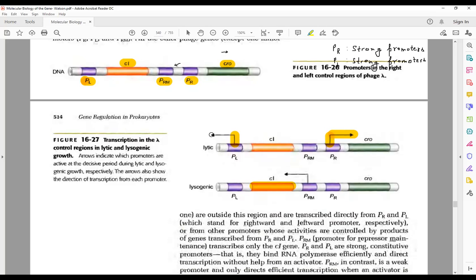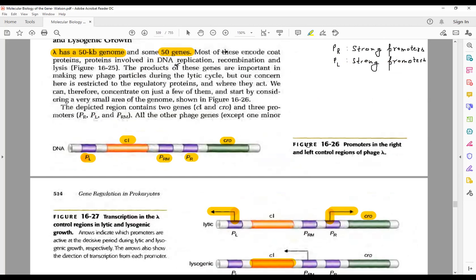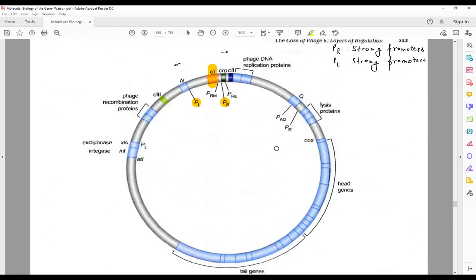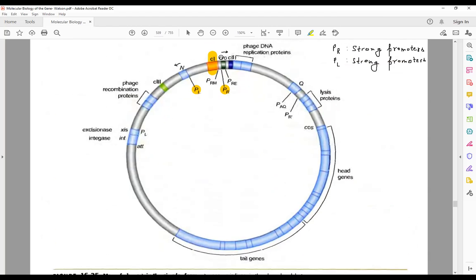PL is going to transcribe the genes in this particular direction. These are the two directions in which the genes will be transcribed. Then PR will transcribe a gene referred to as Cro, as well as a gene referred to as the C-second transcription activator gene. Firstly, the transcription of the Cro gene will take place, and from here, the transcription of the N gene will take place.